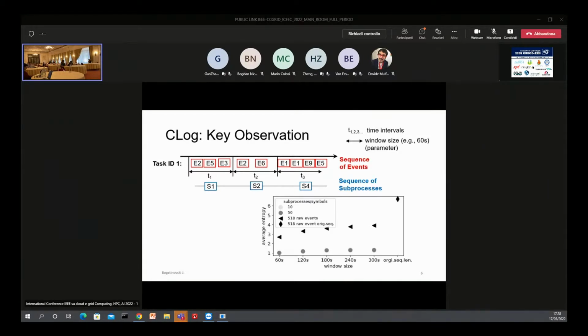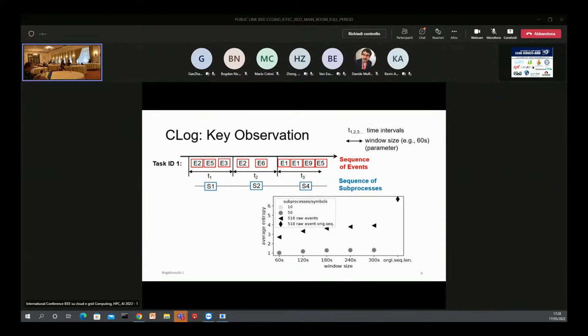What is the immediate benefit of such a representation of the subsequences is seen on this figure over here. This figure is real data: a sequence of raw events from OpenStack workloads. On the far right, we calculate the entropy as a measure of uncertainty in the sequence. If we represent the whole sequence with events, the entropy, so the uncertainty, is highest.